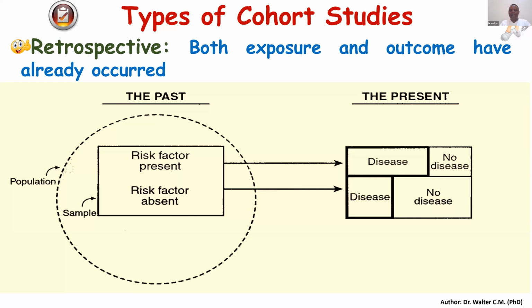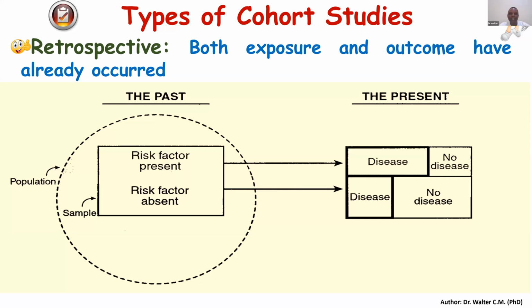Say a road accident has occurred. You see journalists go there to ask the driver, how did the accident occur? This is a kind of retrospective interview. You find the cause after the problem has occurred. This is called the retrospective cohort study. So you have the outcome and the exposure has occurred.